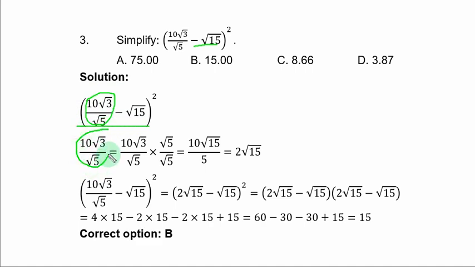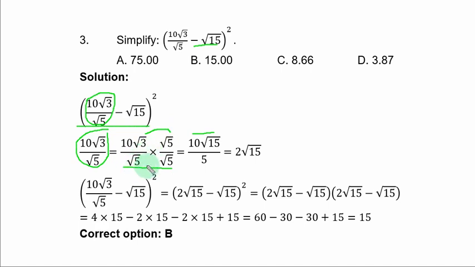For it to be simplified, you simply rationalize the denominator by using root 5 to multiply both numerator and denominator in this form. So you have 10 root 3 times root 5, you have 10 root 15. Different surds can be multiplied.